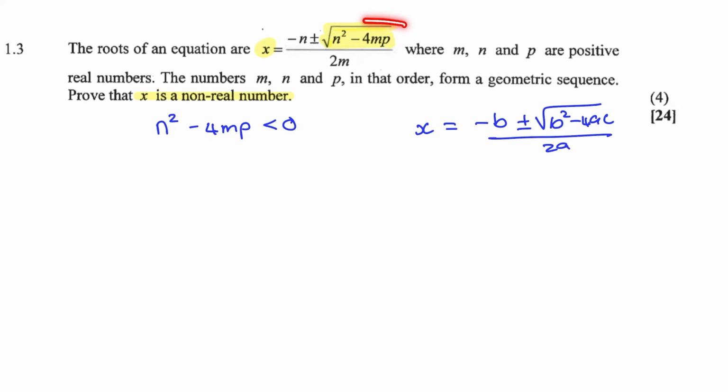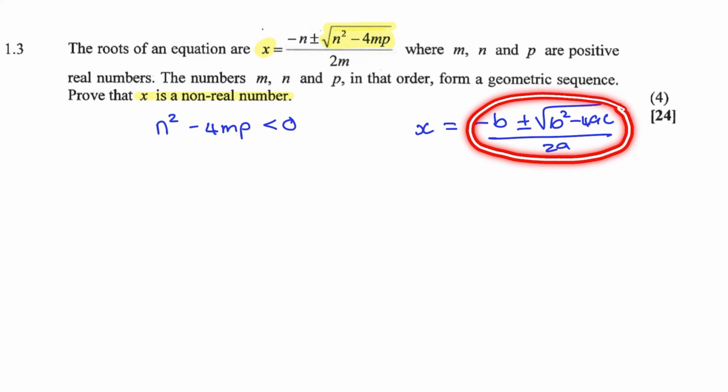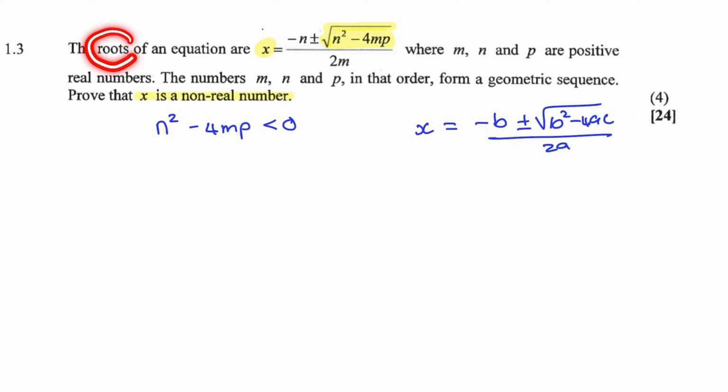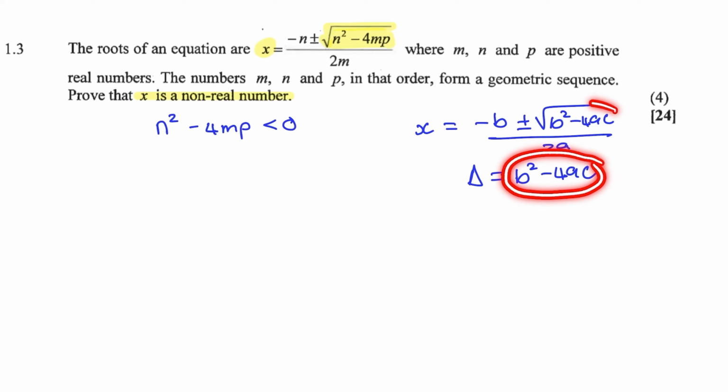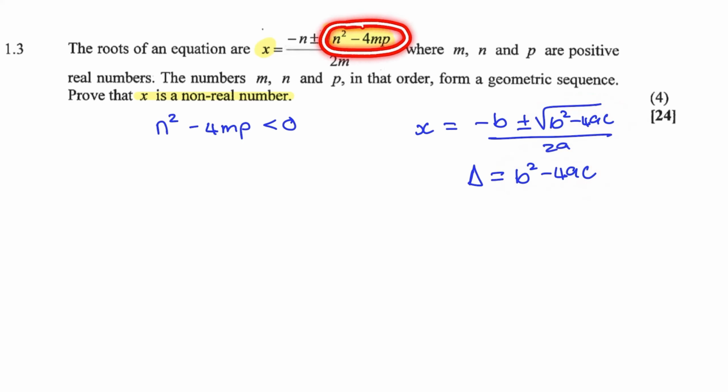But if we look carefully at this equation, we see that it looks quite similar to the quadratic formula. And also, when we discuss the nature of roots, we discuss delta, where delta is equal to b squared minus 4ac. So if delta is the contents of the square root, then n squared minus 4mp must be delta.